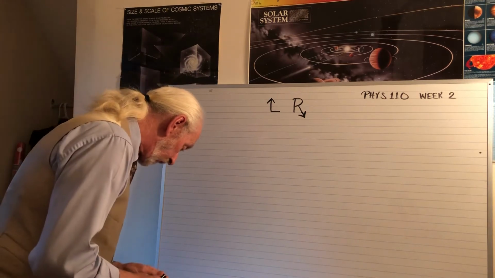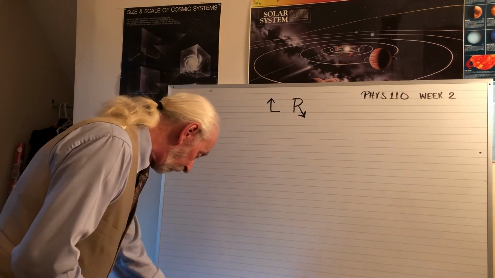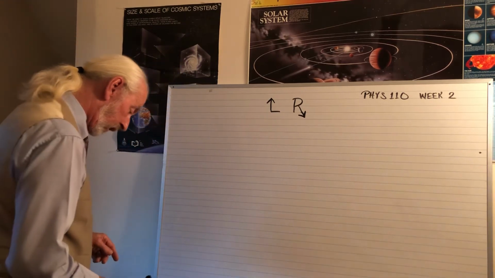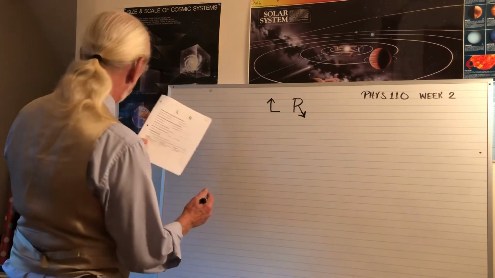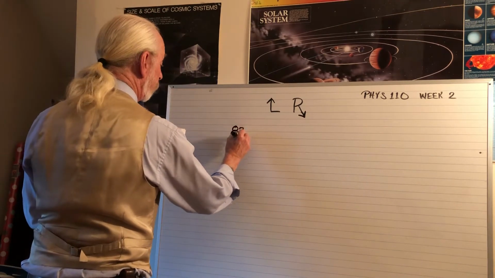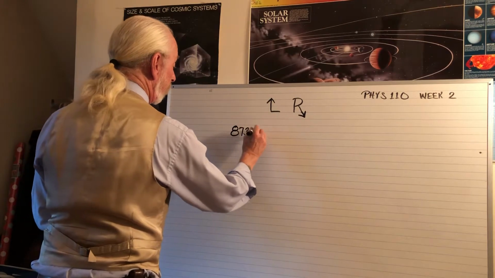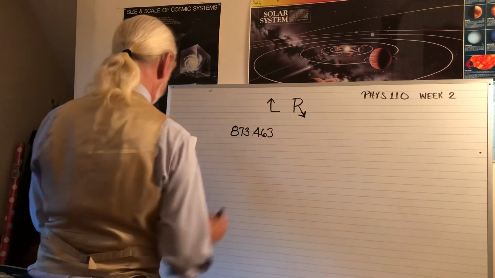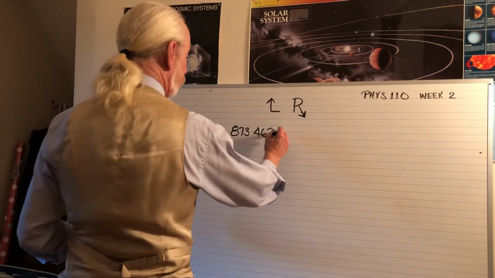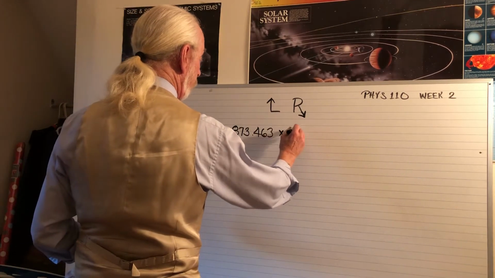We're going to convert 873.463 into correct scientific notation. So the number is 873.463. All right, that's a number in standard notation. I'm going to slap 10 to the 0 on it just so I've got a reference point.